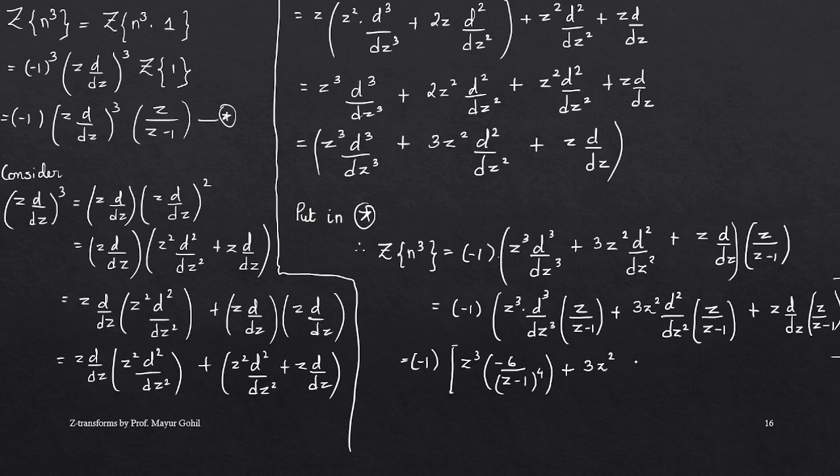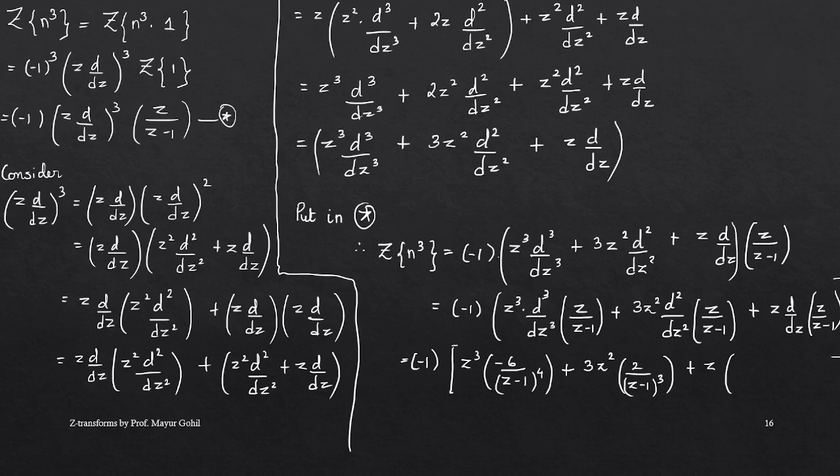Okay, and then the next derivative, the double derivative of this, is going to be 2 over (z minus 1) the whole cube, and then this will be z times the single derivative.